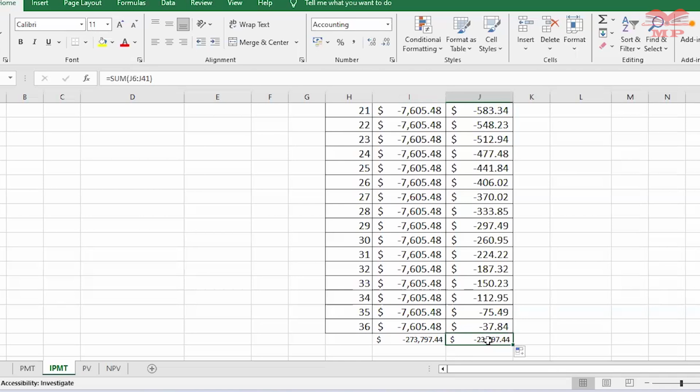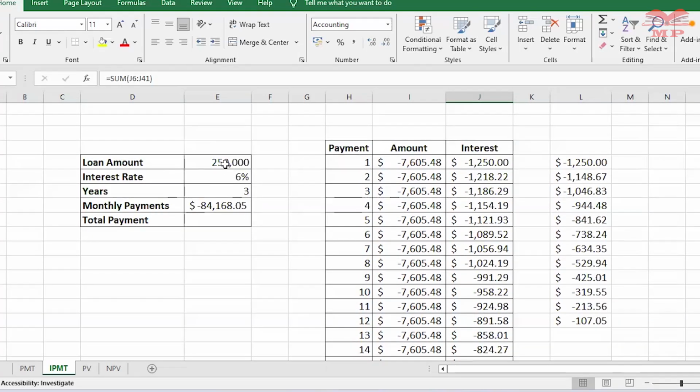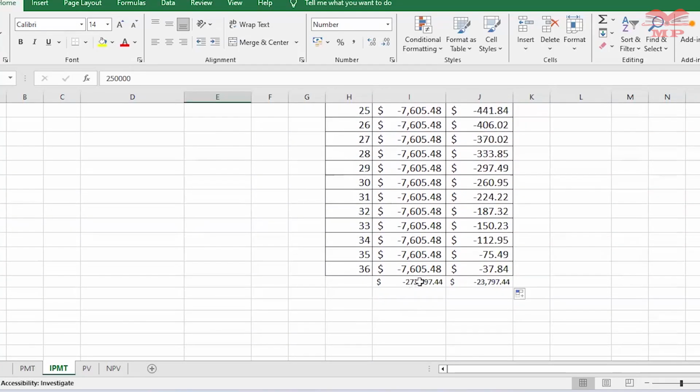Because I paid for a longer period of time, I will pay more money. If you look at the numbers, they add up. I started with 250, I have paid 273. So that includes an interest of 23,000, right? I hope it's all making sense.